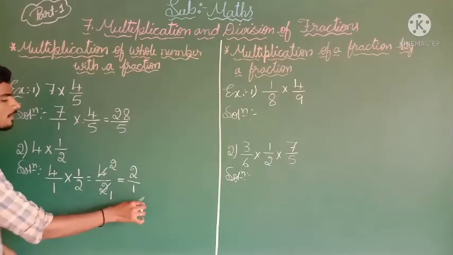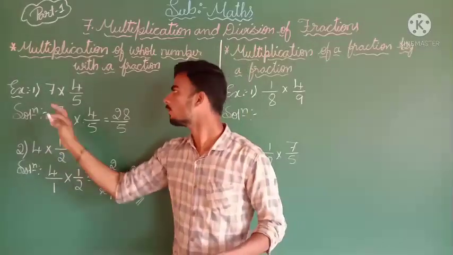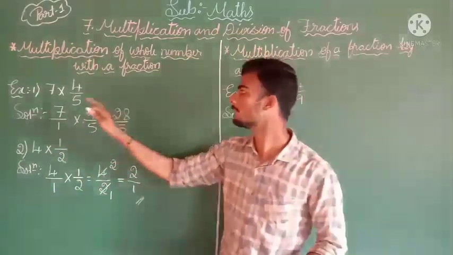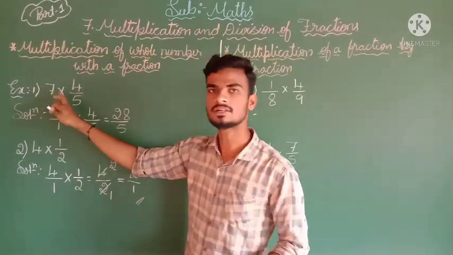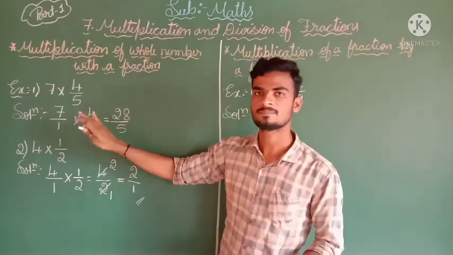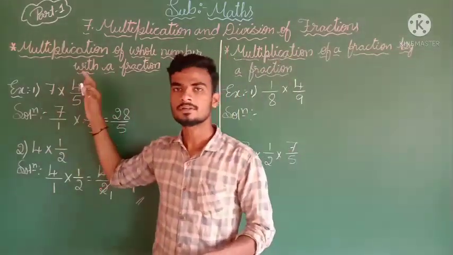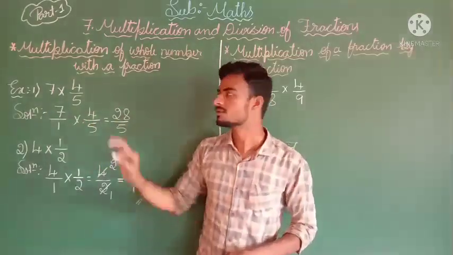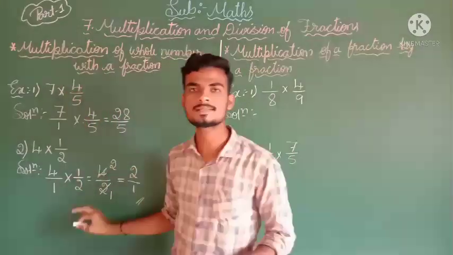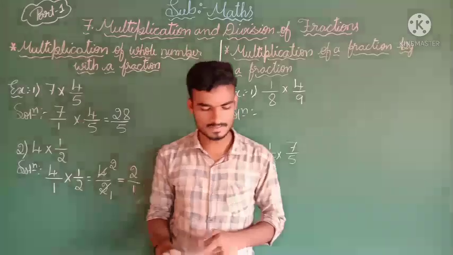In this way you make a multiplication of a whole number with a fractional number, so you follow this step. This is very easy. I hope all of you are clear with this. Dear students, I have taken these two examples from your exercise, that is exercise 7.1 A main.